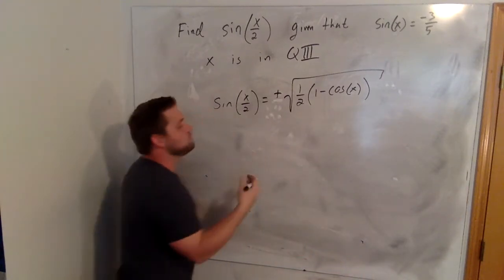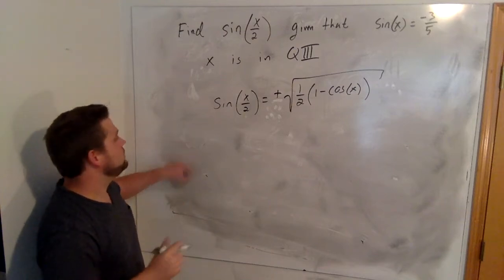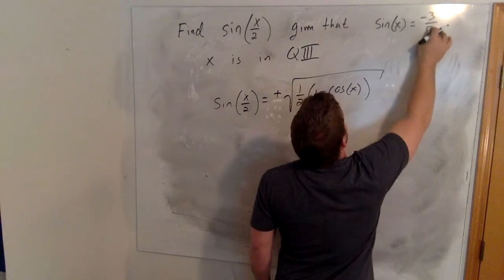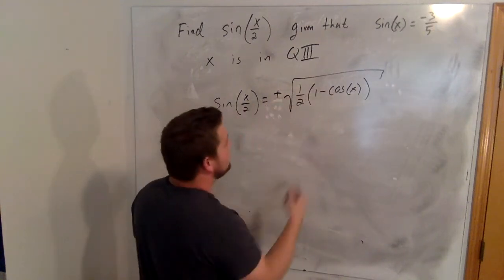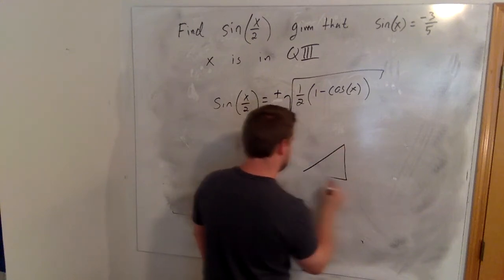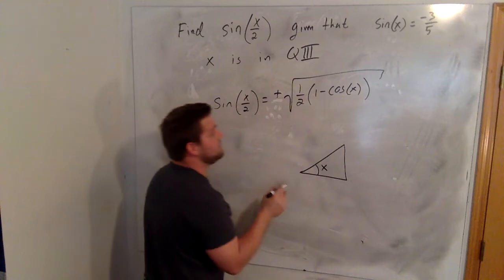So don't rush through these problems. Take your time and really think about what's going on. Okay. So we have that sine of x is equal to negative 3/5. So we need to figure out what cosine is. So let's draw a triangle. Here's angle x.